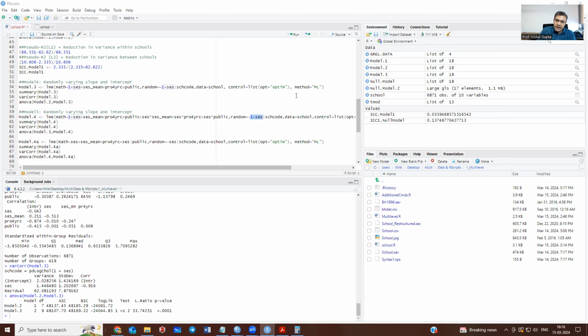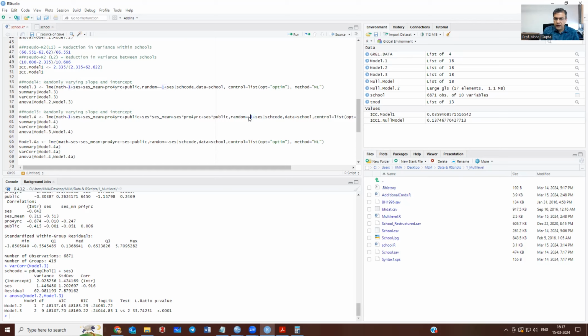Yes, Yasmin, when you have a moderator, the software by default takes random intercept as well as random slope. So whether you write 1 here or not, it always models that there would be random intercept, which is also right, because not just slopes may vary, you may also want to test whether the intercepts are varying.